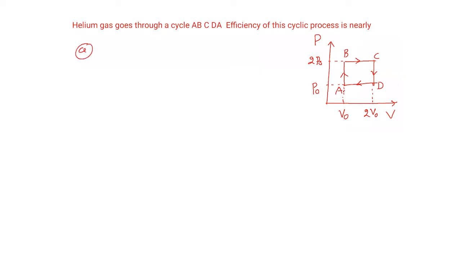You try yourself. A: 15.4%, B: 9.1%, C: 10.5%, D: 12.5%.